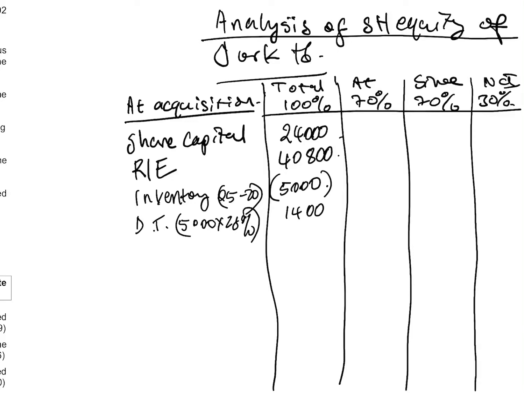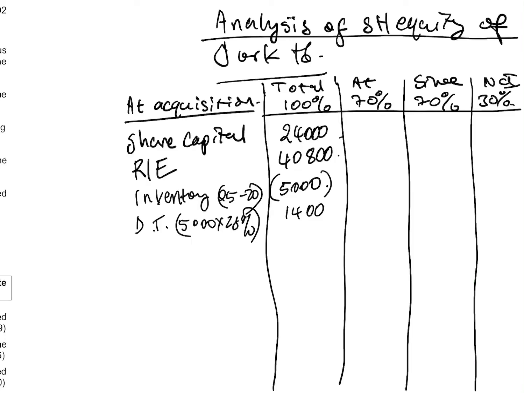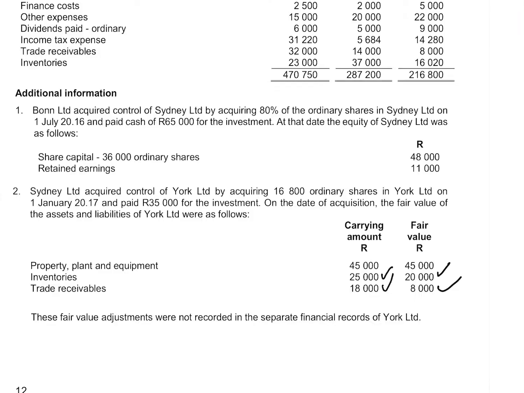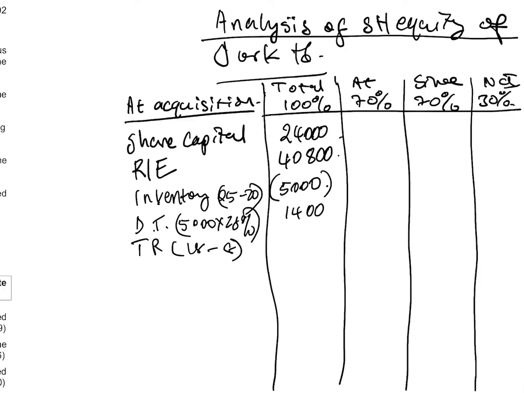And then the next thing is trade receivables. They were 18, fair value is 8. So we look at the trade receivables. 18 minus 8 will give us 10,000. Deferred tax is going to be 2,800.